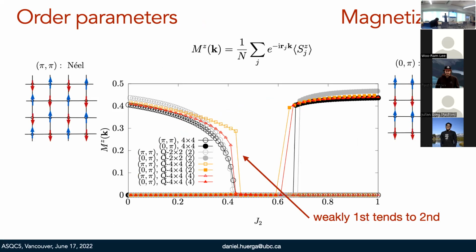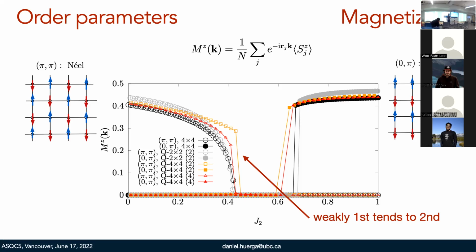So one nice thing about this cluster-Gutzwiller wave function is that we can compute order parameters, because these mean fields break explicitly the symmetries of our Hamiltonian. So contrary to exact diagonalization, where we have to infer the order parameters by scaling the peaks in the structure factors, we can just compute these observables directly.